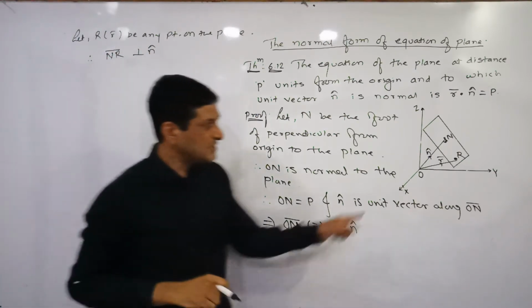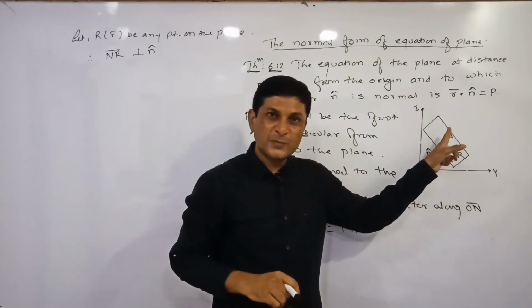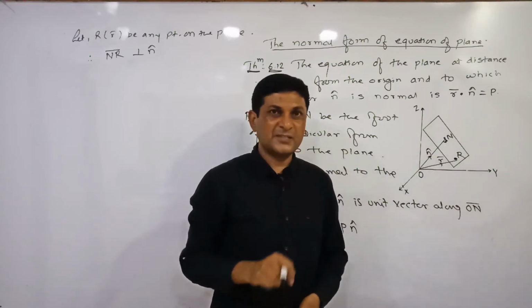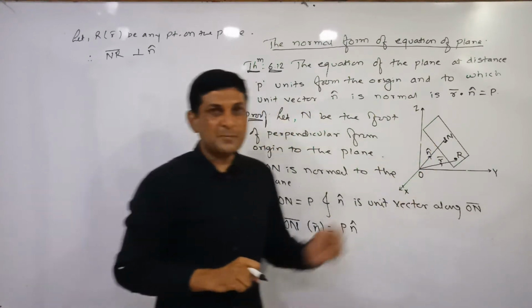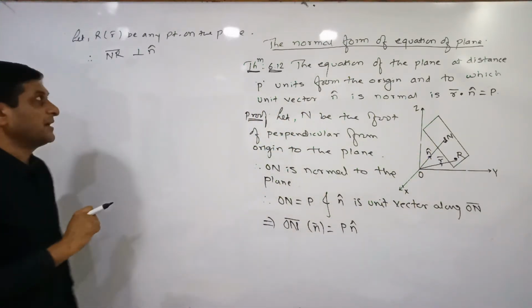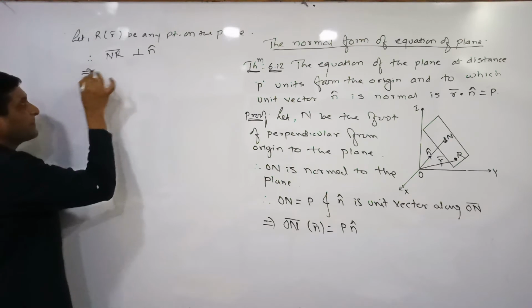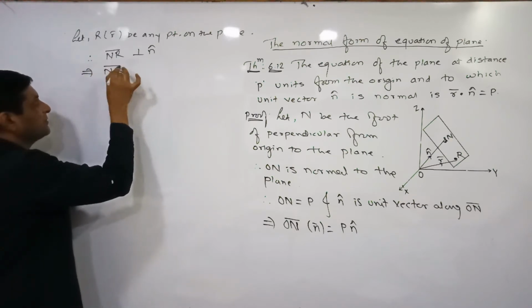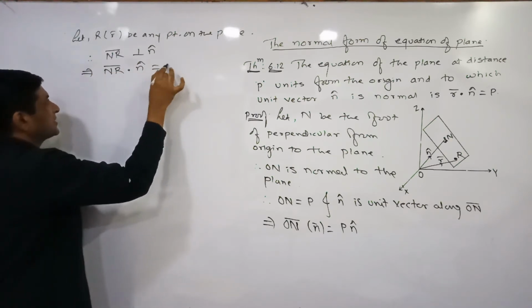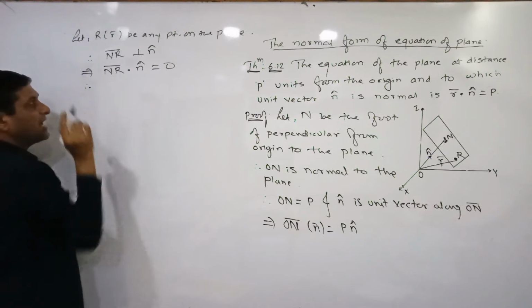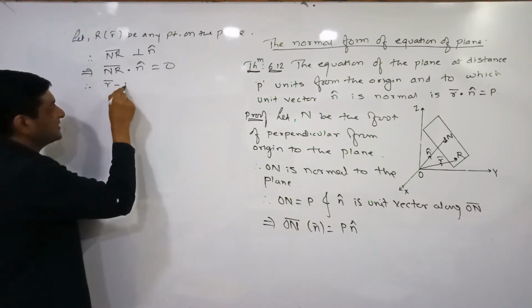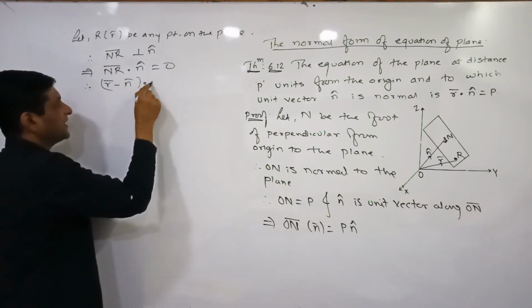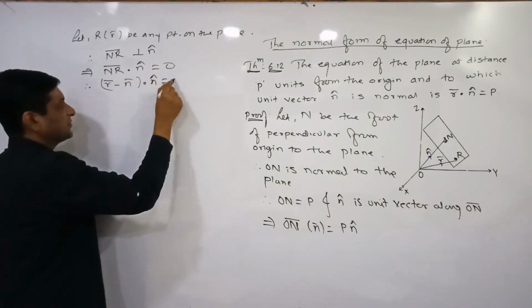If N cap is perpendicular to this plane, it is perpendicular to all the vectors lying in this plane, and one of the vectors in this plane is NR bar. So N cap is perpendicular to NR bar, and we know that if two vectors are perpendicular, their dot product will be equal to 0. So therefore NR bar in terms of position vectors can be written as (R bar minus N bar) dot N cap, keep it as it is, equals 0.